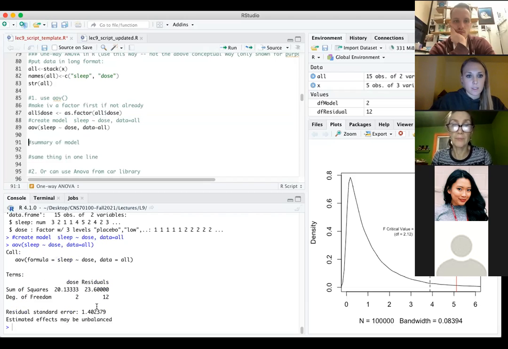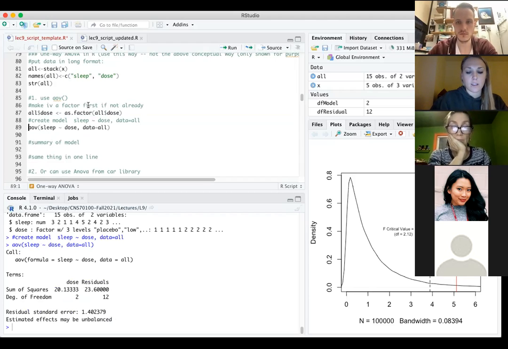And now when we do this, we can see here we have the exact same output, degrees of freedom 2 and 12, our residuals. And then, where is our p-value? I think I have to do summary. This will not give you the p-value, you have to do summary first.